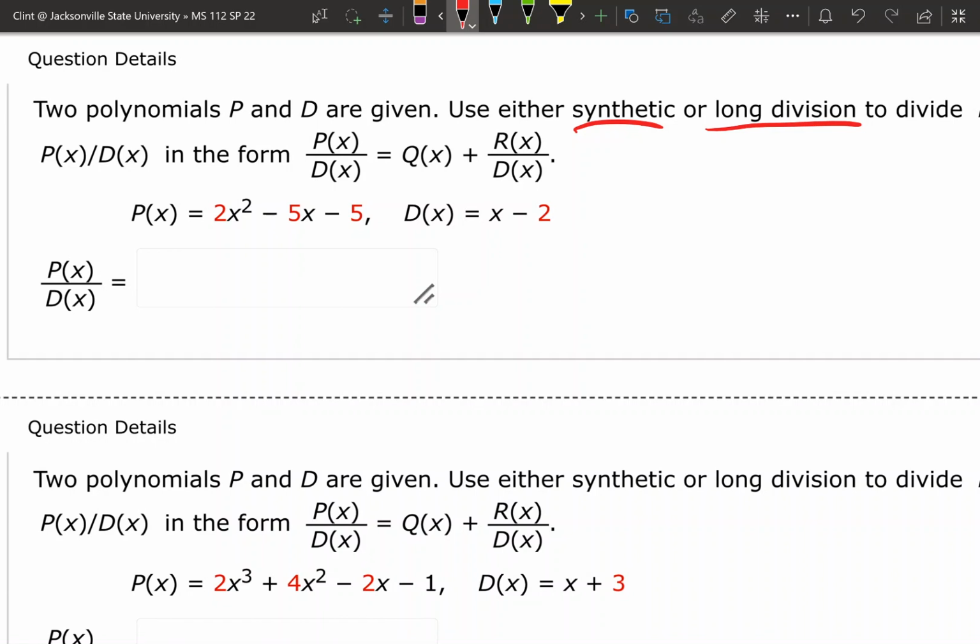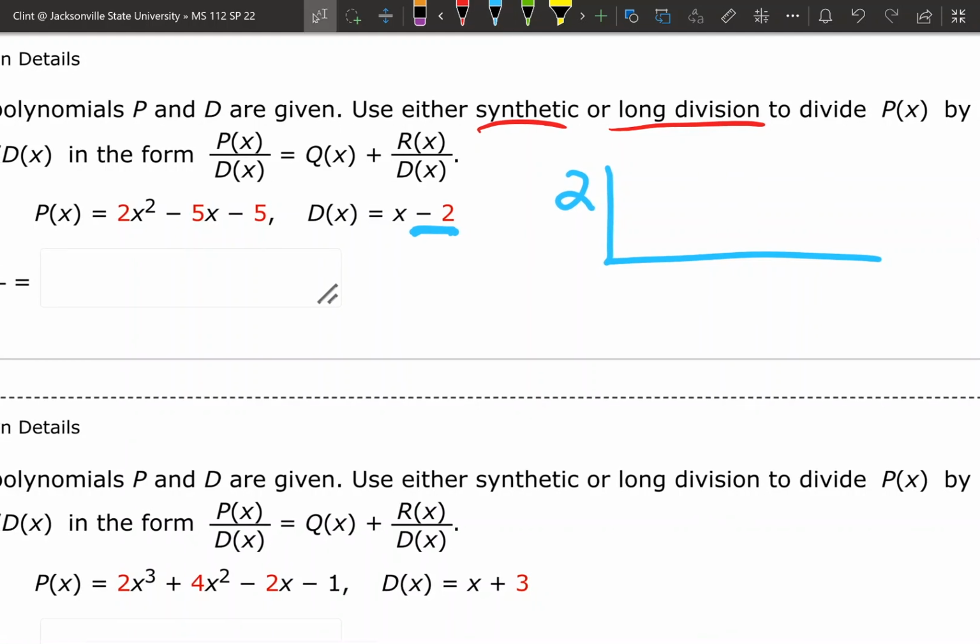Okay. So with synthetic division, we take the opposite of whatever's with the x. So that was x minus 2, so we're going to write down the positive 2. Okay. And then I'm going to write down the coefficients off of the polynomial I'm dividing.